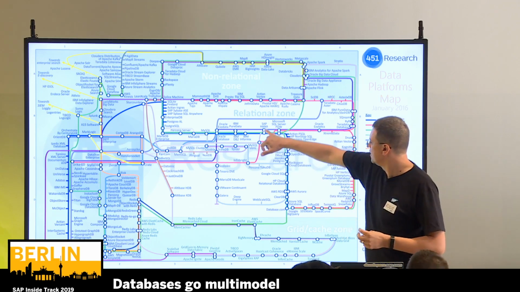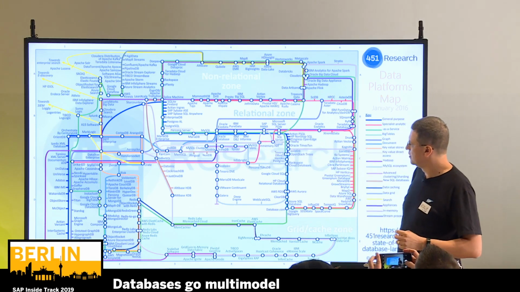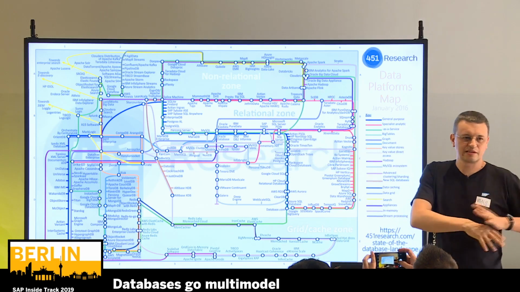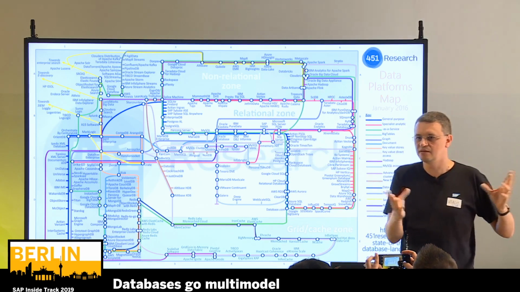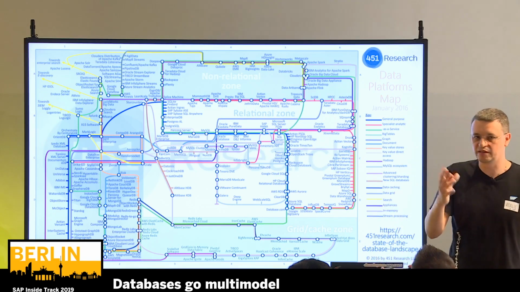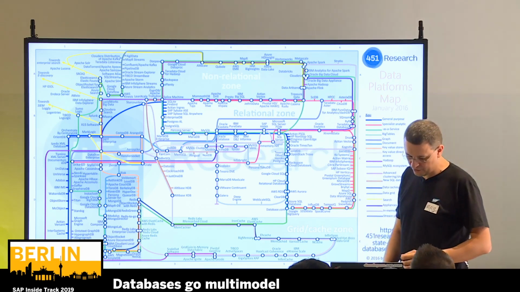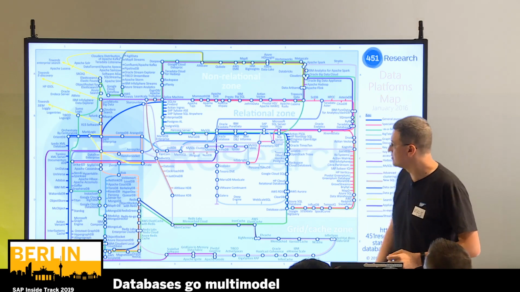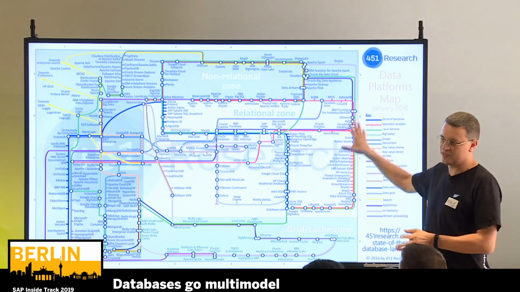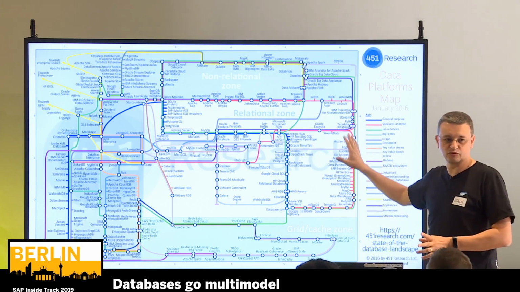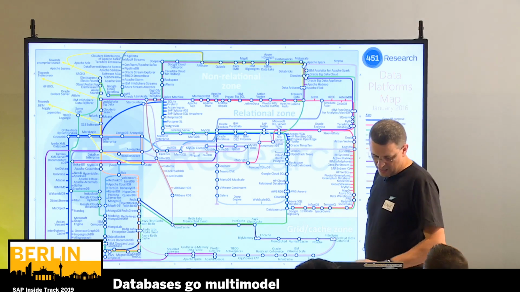SAP HANA is actually here as well. But before that, you had pretty much 4 databases ruling the market. Now you have this whole load of different databases on the market, and this is one way to represent what is going on and to help you navigate this.